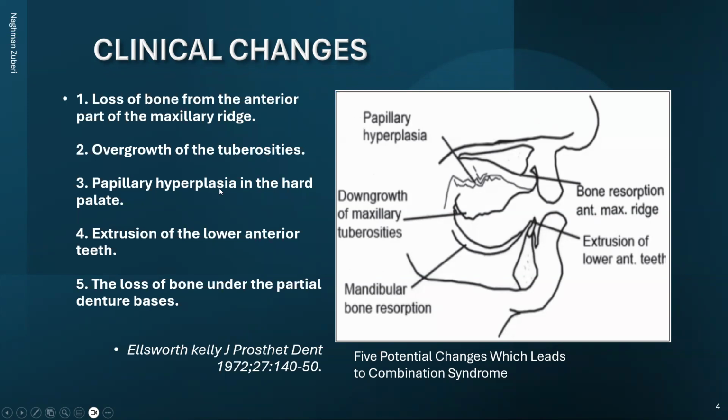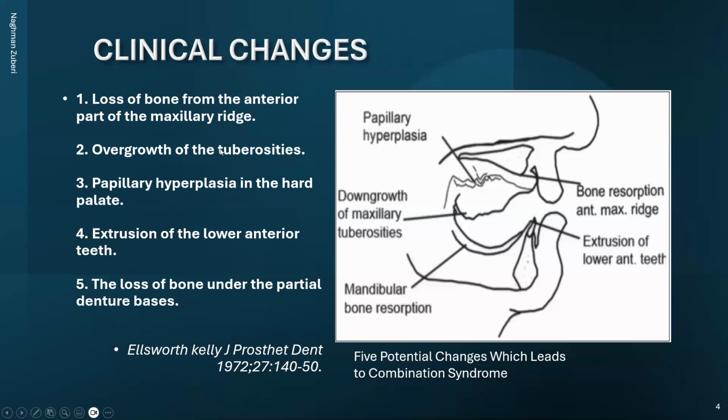Overgrowth of the tuberosities, downward growth of the maxillary tuberosities. Papillary hyperplasia in the hard palate. Then extrusion of the lower anterior teeth, which are natural teeth. Loss of the bone under the lower partial denture, so resorption of the ridges underneath.